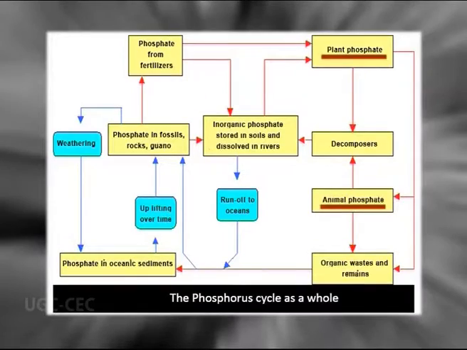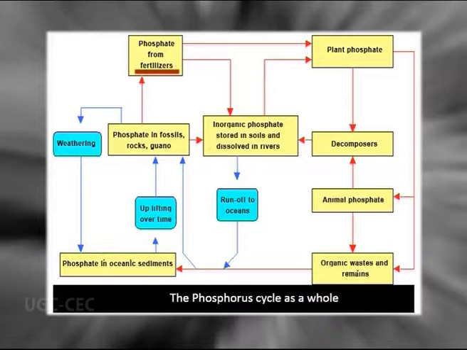So the phosphorus cycle, the major events as you can see here, starts from the plant and the animal phosphate, and they are normally stored in that particular plant and animal body. After their death and decay they are decomposed and come into the inorganic phosphate of the soil or the rock, and then they are sometimes going into the sea or ocean and are deposited in the sediment.